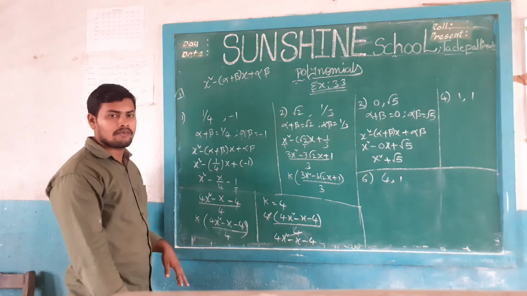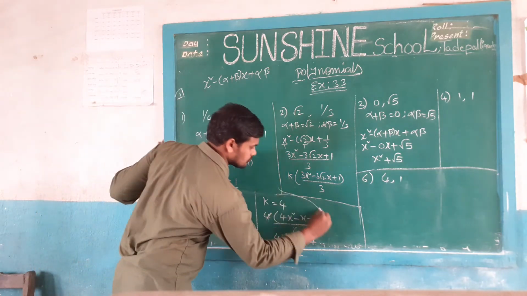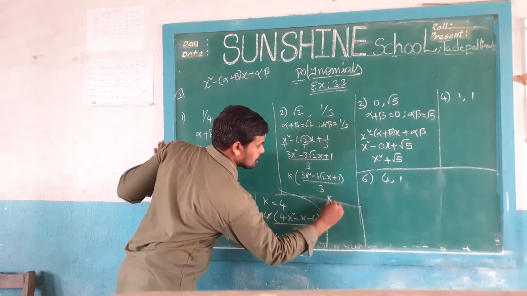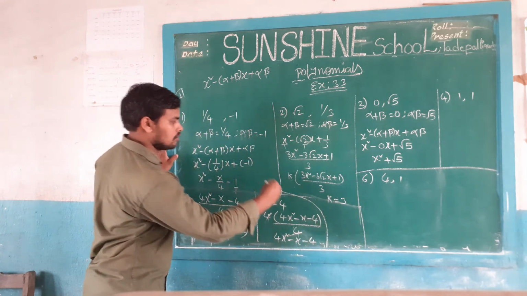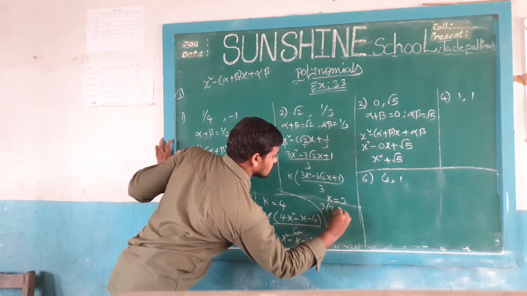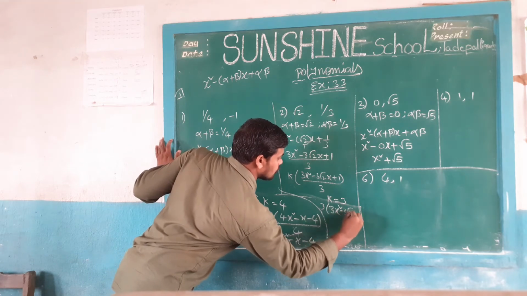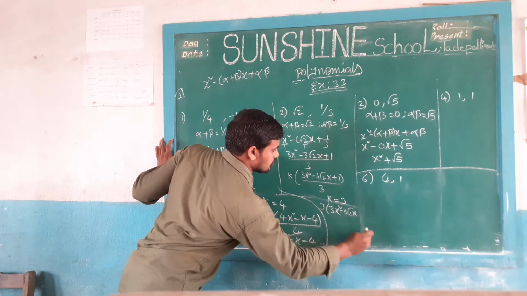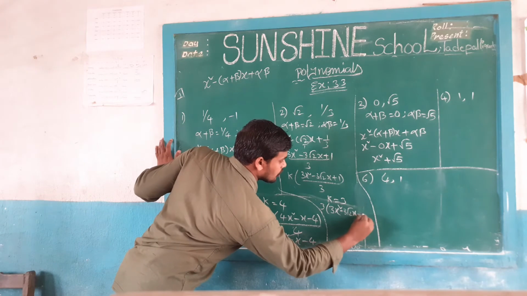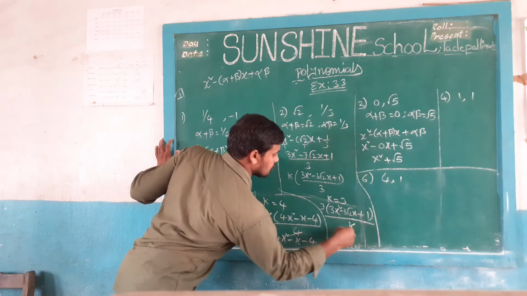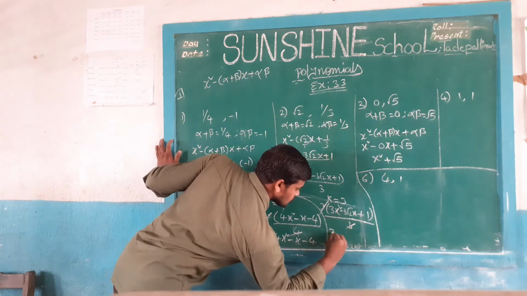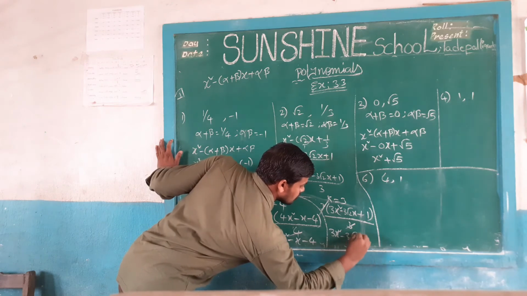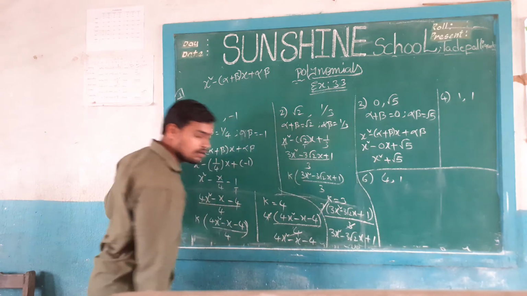We simply write k value as 3. k is equal to 3. 3 into 3x square minus 3 root 2x plus 1 by 3. 3 cancel. So the answer is 3x square minus 3 root 2x plus 1.